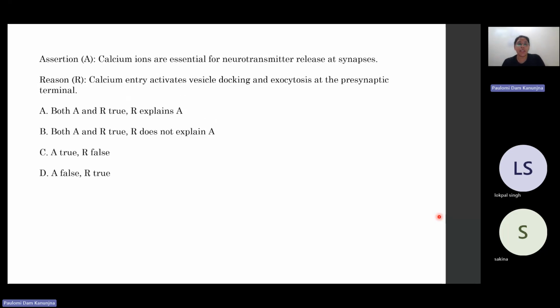Fantastic. Okay, next one. Calcium ions are essential for neurotransmitter release at synapses. Calcium entry activates vesicle docking and exocytosis at the presynaptic terminal.